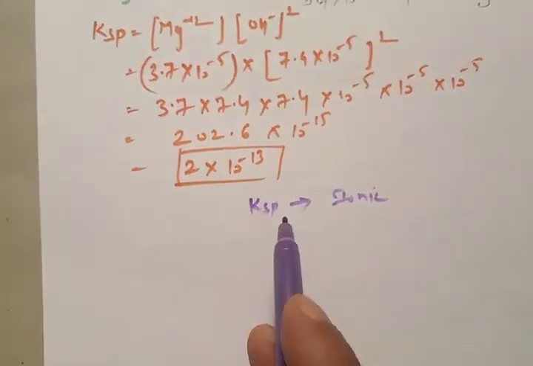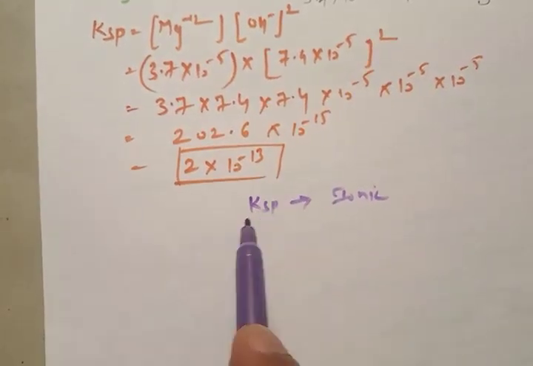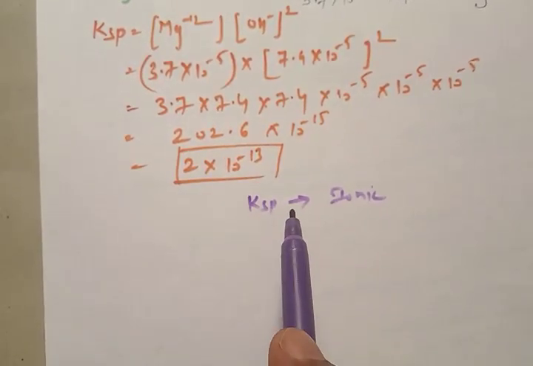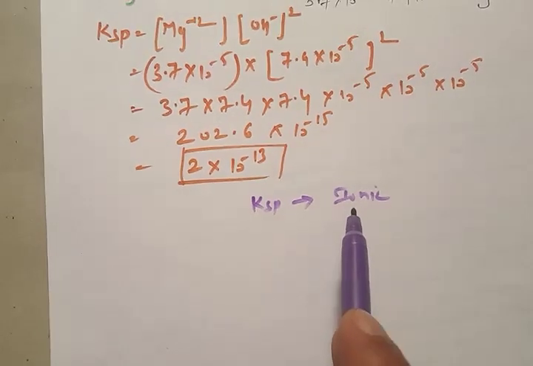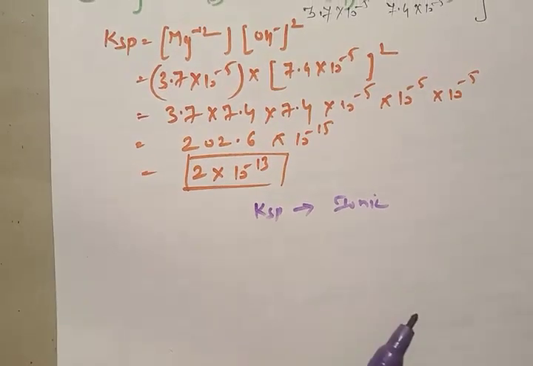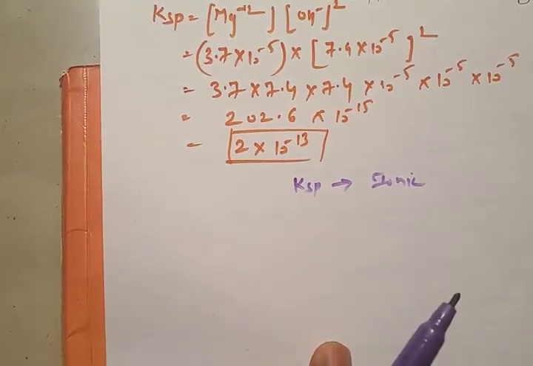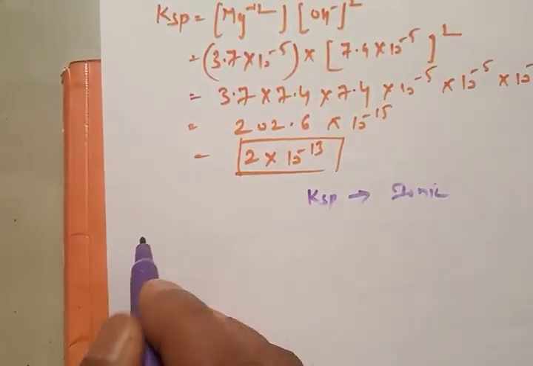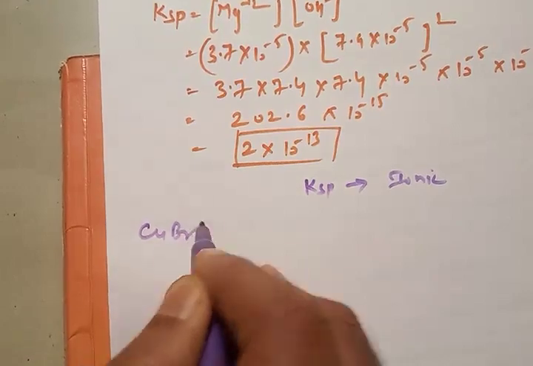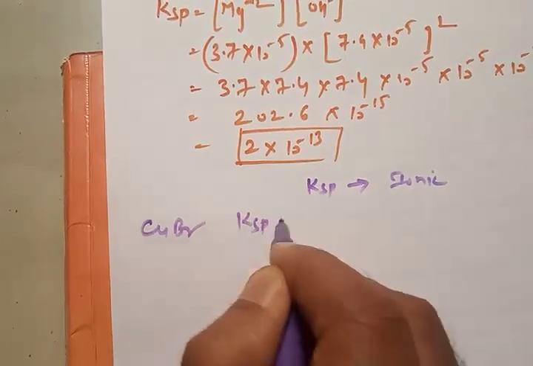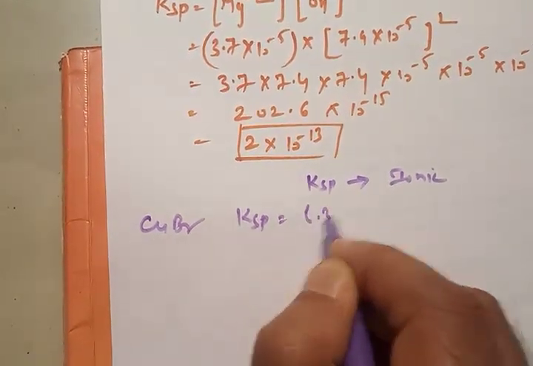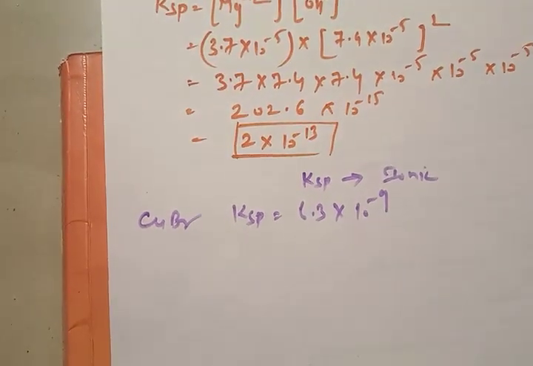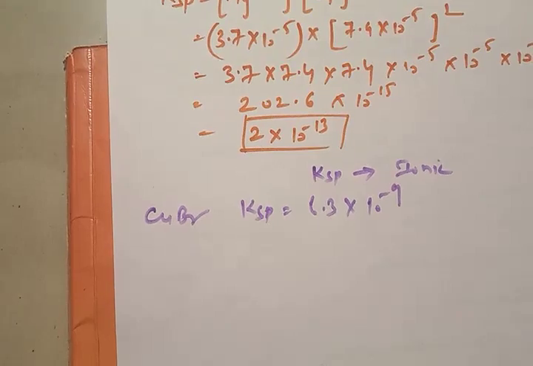Now the second type of problem is: if you have a value given for a solubility product, from that solubility product value you have to find out the ionic value of each ion. Okay, so let's discuss this numerical. The problem is that you have CuBr, which has a Ksp value of 6.3 × 10^-9.